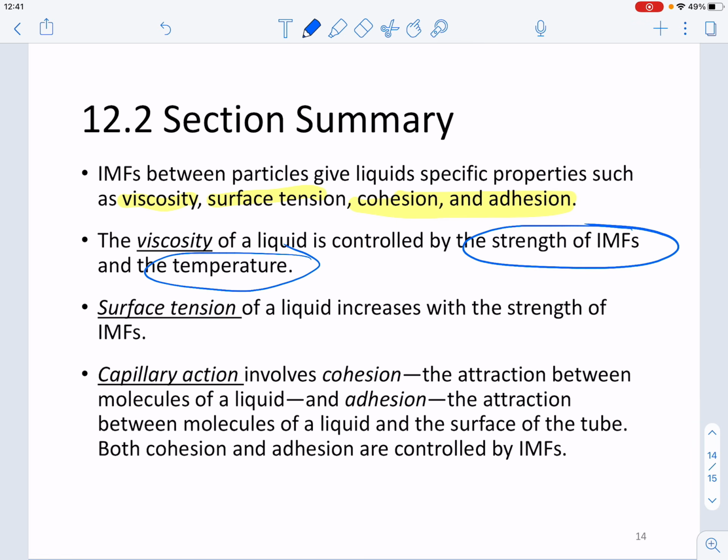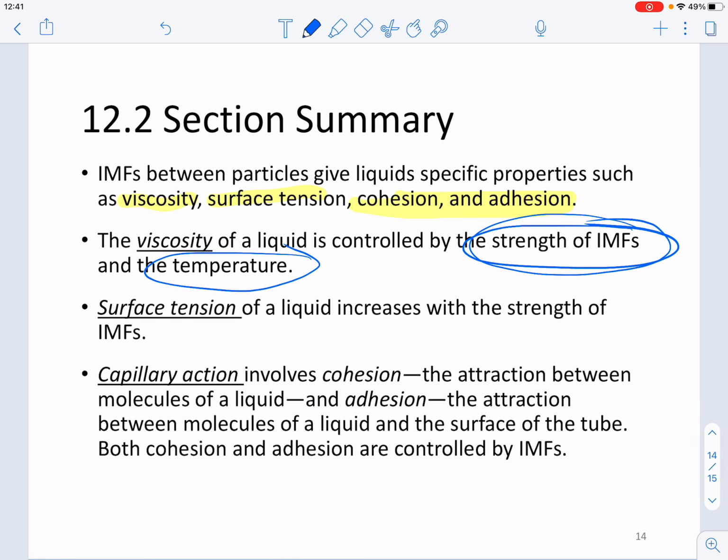Let's put it this way, we are not giving you a case in which you have to analyze those two factors together. Okay, we either give you one and keep the other constant or vice versa. Okay, usually we will focus on the intermolecular forces, and we want you to analyze everything from the point of view of intermolecular forces, so we might leave the temperature out of the discussion.